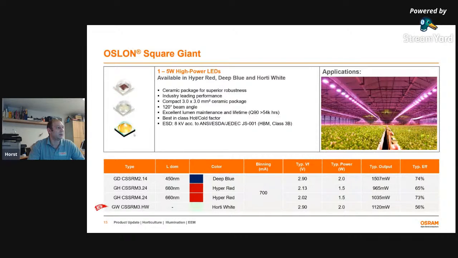The second part to this LED, or the third part, is then the blue LED, and then the Horti white LED. I will explain later on why we are calling it Horti white. And you can also see that, especially for the needs and for the application, what we need in this field, we will develop our LEDs.